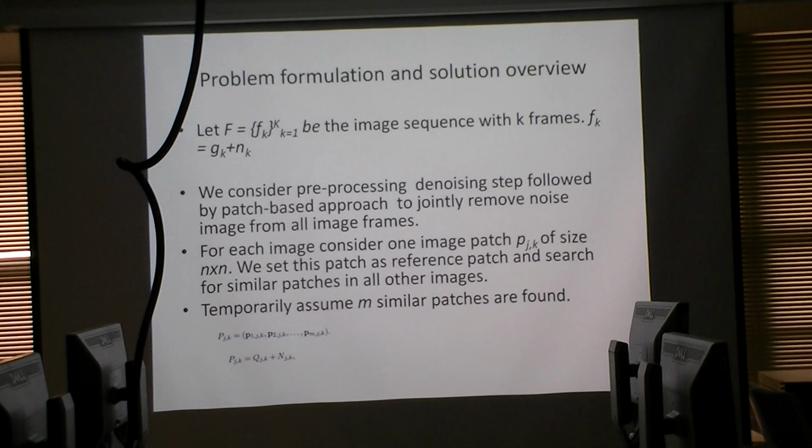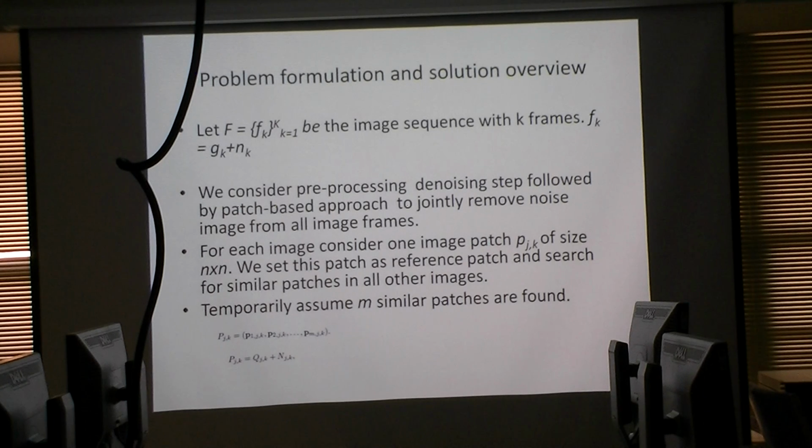The problem which we have is, suppose we consider a video F with K frames. If it is a noisy video, then each frame Fk could be a sum of a clean image Gk and a noisy image Nk. So the aim of our technique should be to get the clean image, avoiding the noisy image.